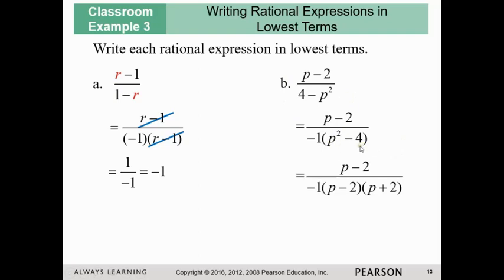Remember that from section 5.3. So now what we have in common in the numerator and the denominator is p minus 2. P minus 2 is in common, so that will cancel out. And so we're left with this as our simplified rational expression written in lowest terms.